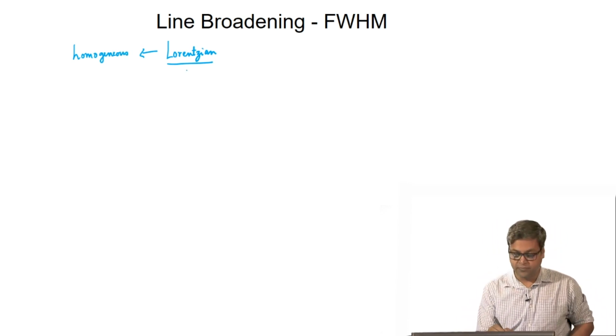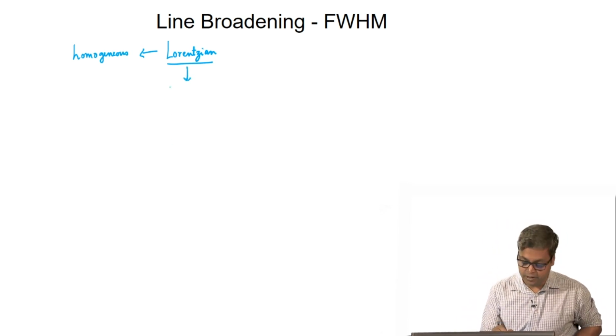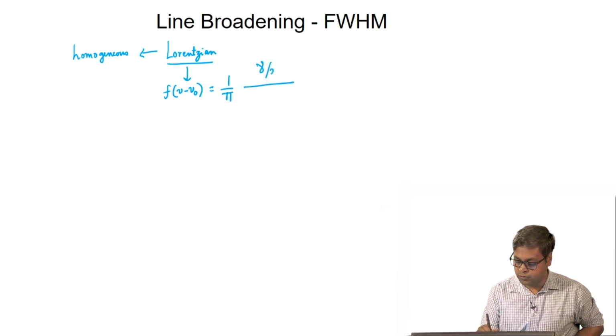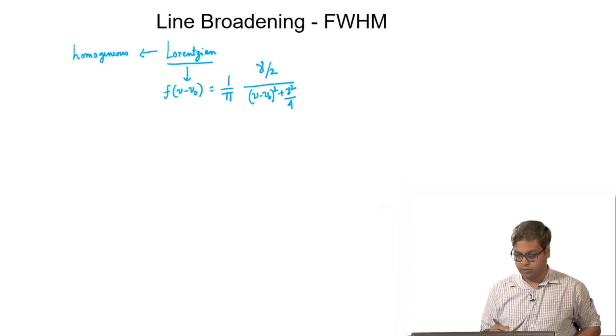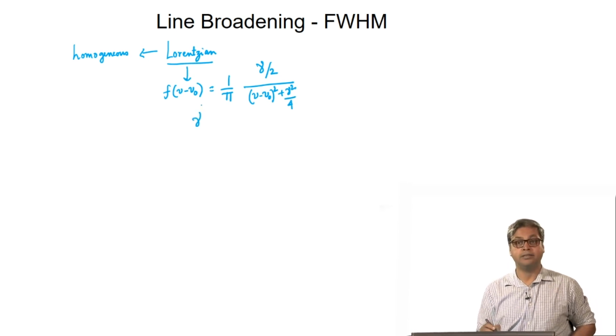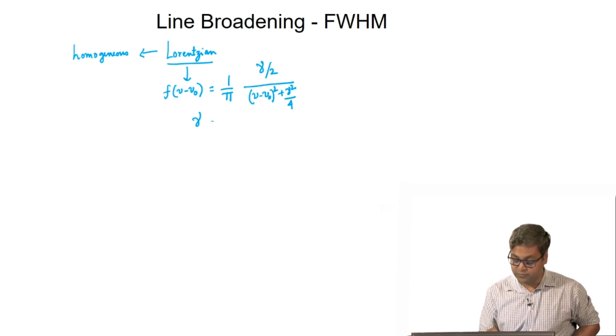The Lorentzian line shape function is given by f(nu minus nu 0) equals 1 by pi times gamma by 2 divided by (nu minus nu 0) squared plus gamma squared by 4. So, here gamma is the parameter specifying the width of the spectrum.